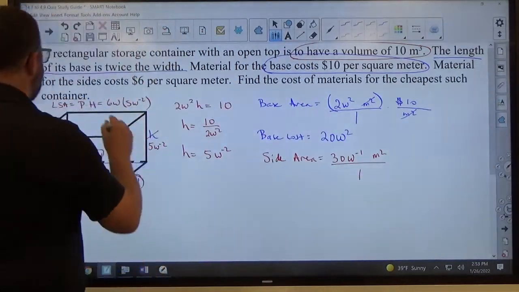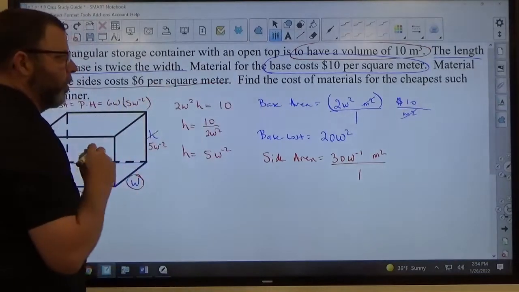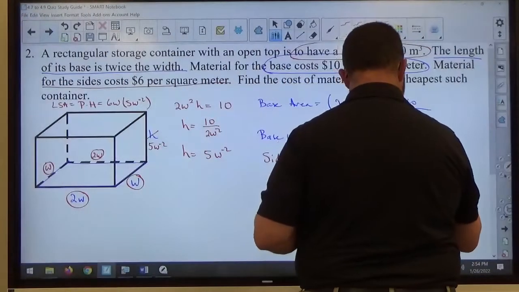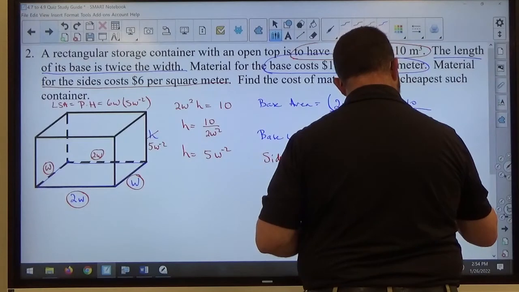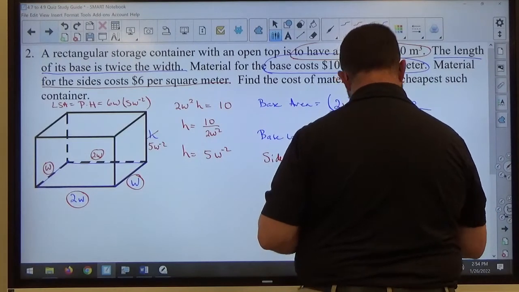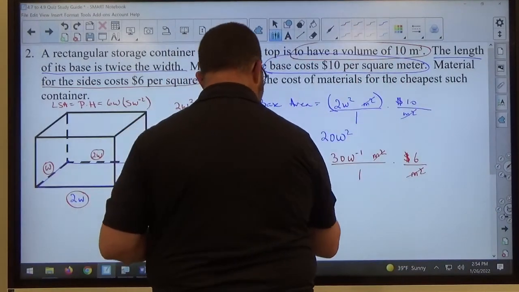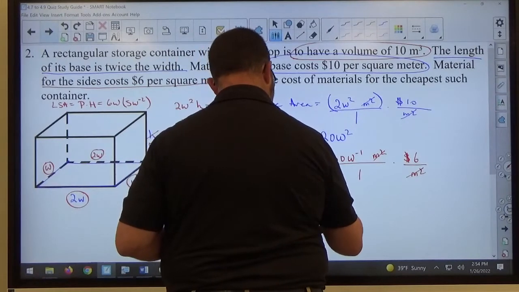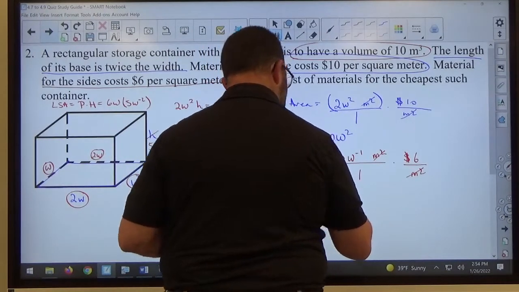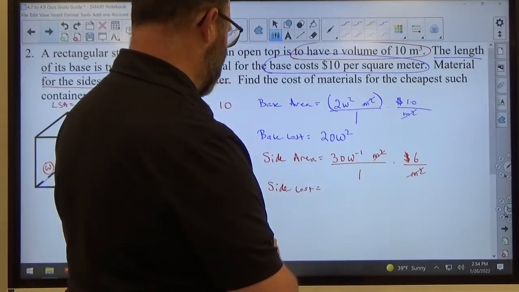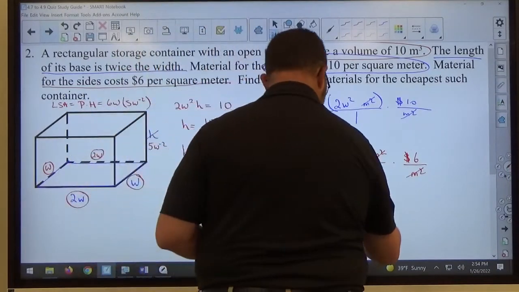And it says material for the sides costs $6 per square meter. So multiply that times $6 per meter squared. Meter squared cancels meter squared. And that gets me the side cost is going to be 180W to the negative first dollars.